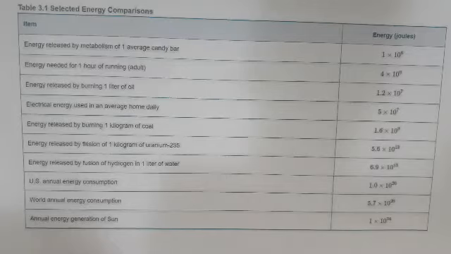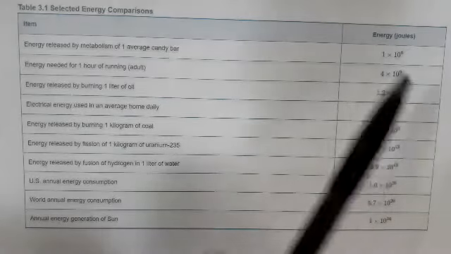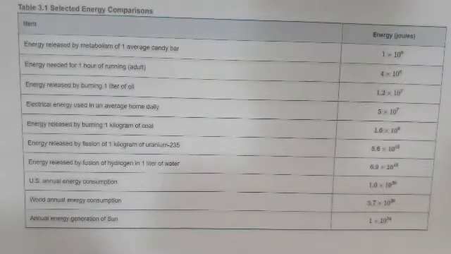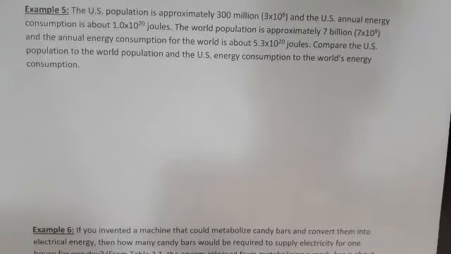They have the energy generated from the sun. So these are all sort of weird things to compare, but we can all measure the energy in joules, so we can compare them mathematically. And we can come up with some weird scenarios with machines that maybe don't exist that convert one to the other, but we can compare them.